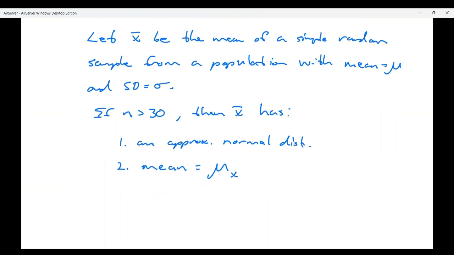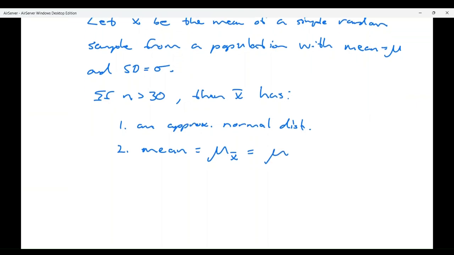So that's the notation for the mean of the sample, which would also be equal to the mean of the population. And 3, the standard deviation for the sample would be the standard deviation of the population divided by the square root of n.